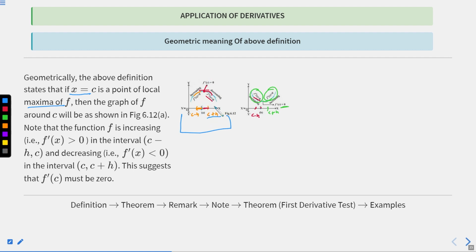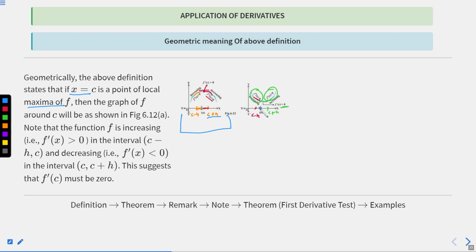In case of local minima, you will have c minus h to c decreasing, which means f prime of x negative, but on the interval c to c plus h, f prime must be positive. Okay, clear?